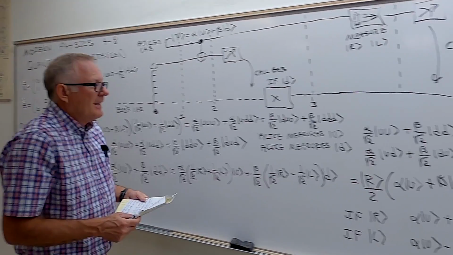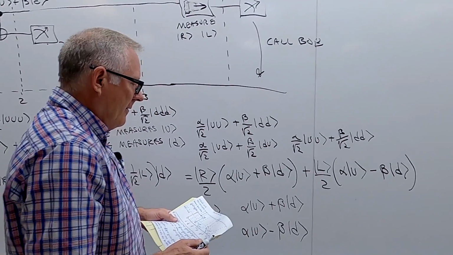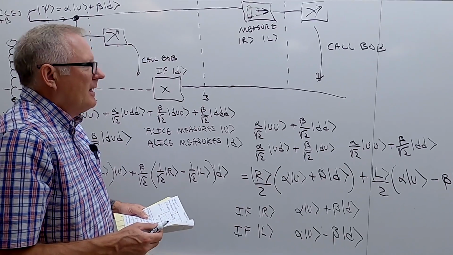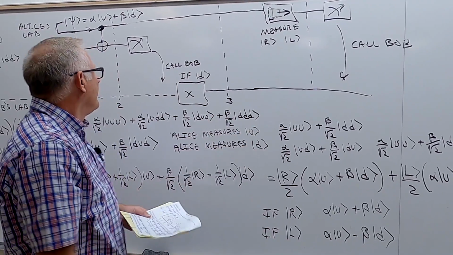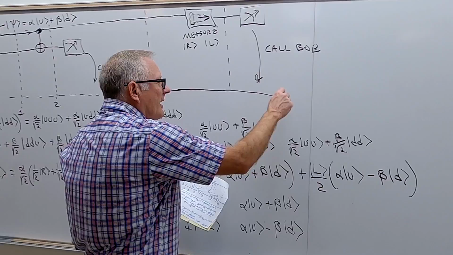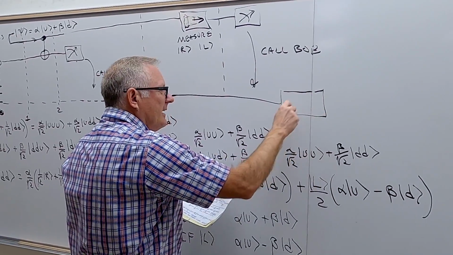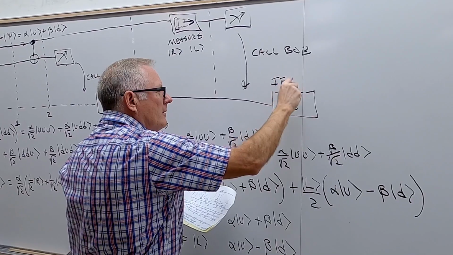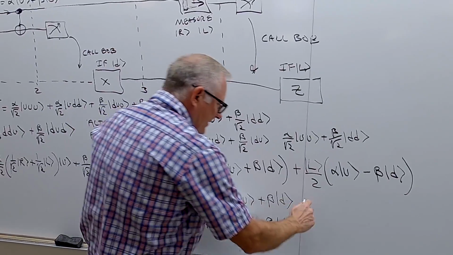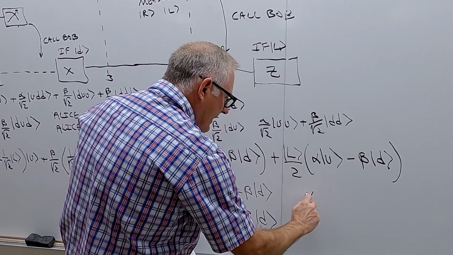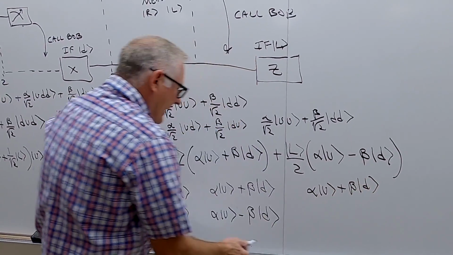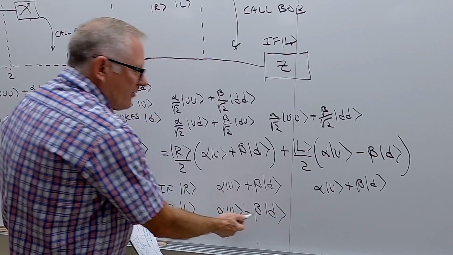Well, if she tells Bob that she got a right, then Bob's not going to do anything. But if she got a left, then Bob's going to put it through a Z. Only if left. If it's right, you just keep it the same: alpha up plus beta down.